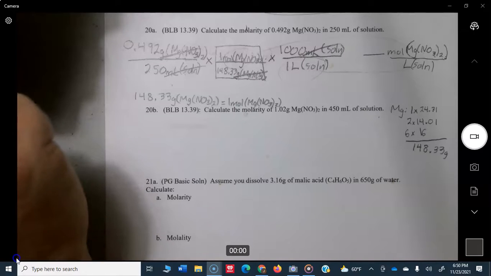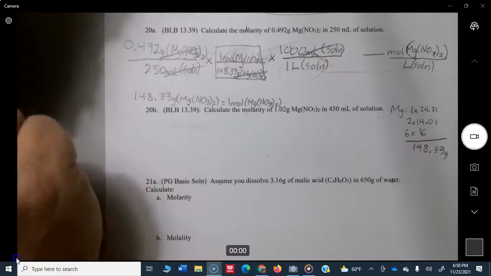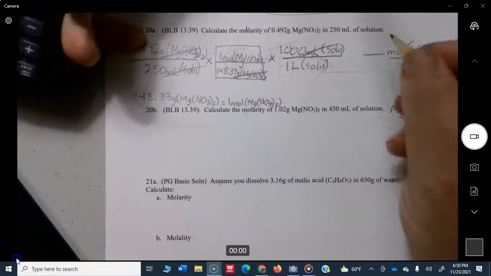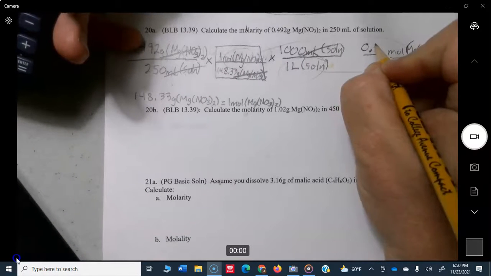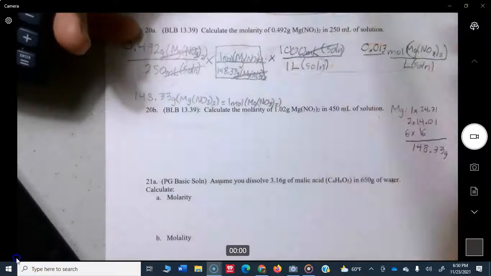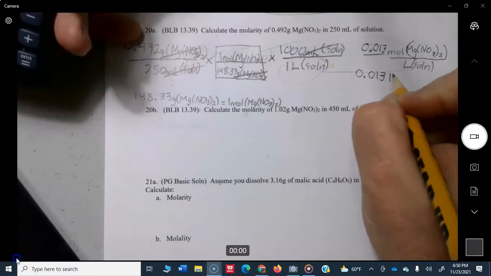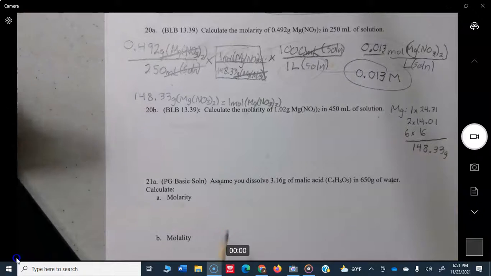So it's 0.492 times 1000 divided by 250 divided by 148.33, and that gives us 0.013. And that's molarity, so the final answer should be written with a capital M, molarity. Okay, so you go ahead and do 20B, and we're on to our last problem.